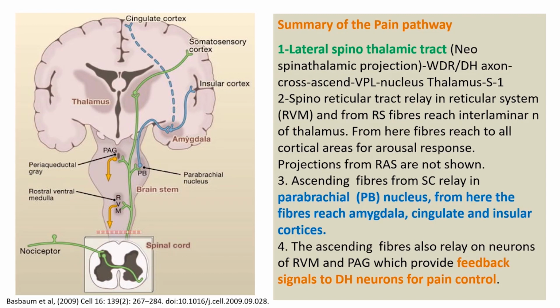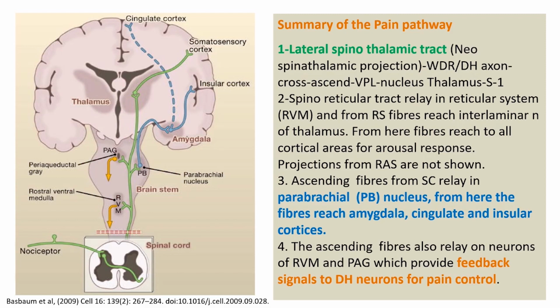The fibers relayed in the rostroventral medulla, periaqueductal gray and even the parabrachial nucleus form the reticular system. This is the spinoreticular pathway, because there is no direct pathway to the reticular relay.